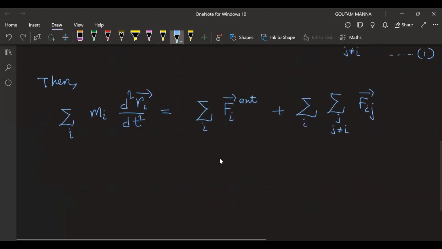Okay, so if the masses of all individual particles are constant, we can take the derivative out.